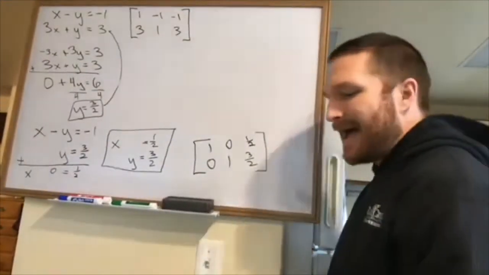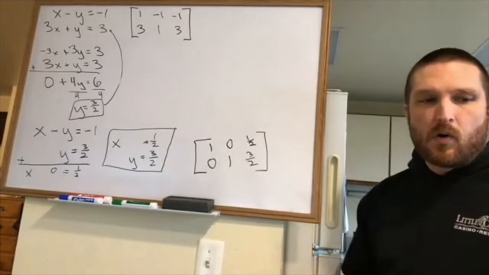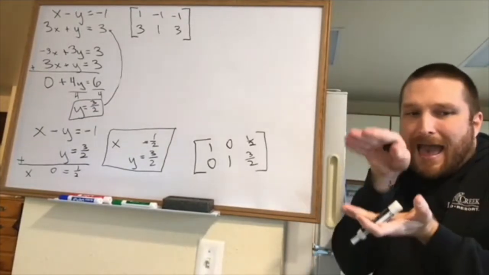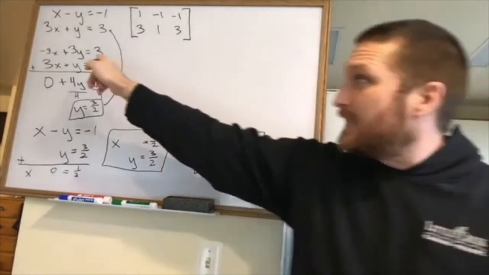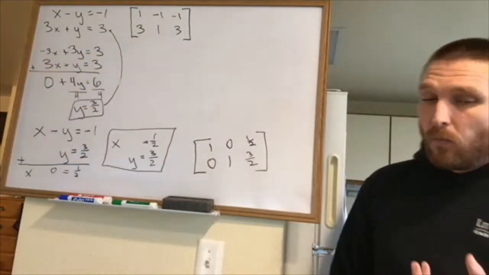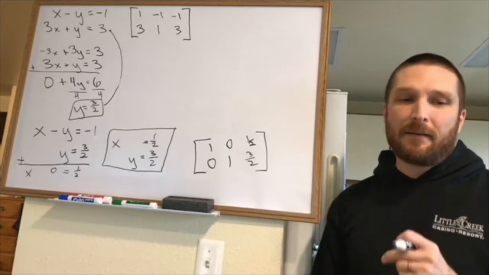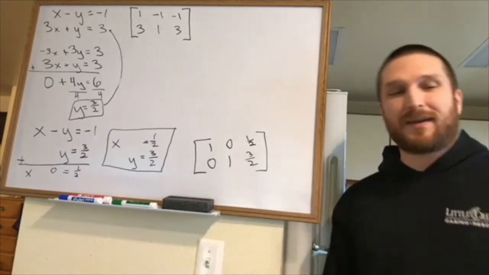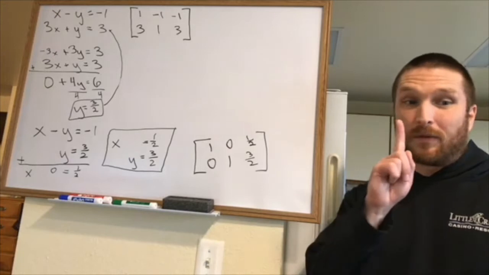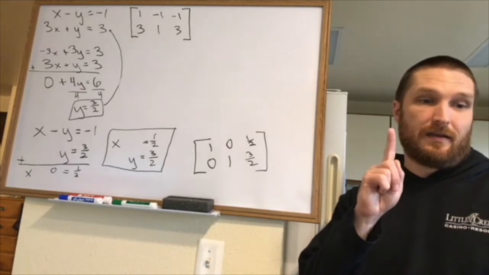And so I ask myself, because I know I'm about to add, and this is like the same thing I did right here, I have a positive 3 that needs to turn into a 0. What number plus positive 3 equals 0? Well, there's only one possibility, and it's a negative 3, right?